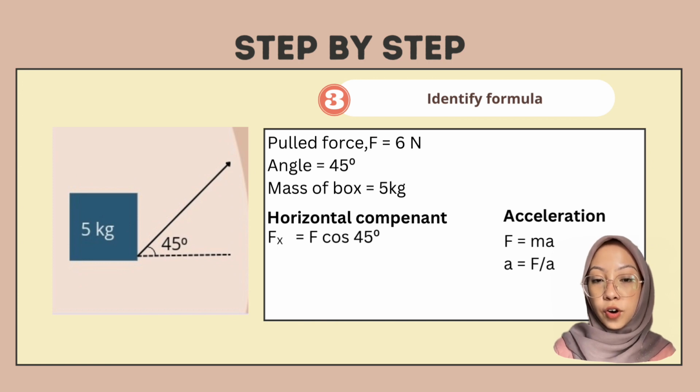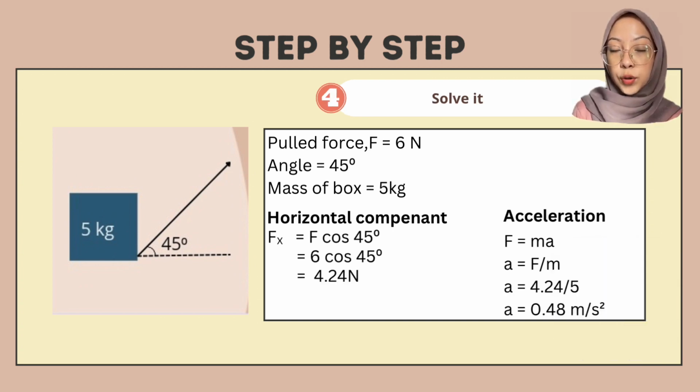For the magnitude of force in the horizontal component, we use the formula Fx equals F cos 45. We use cos because theta is on the x-axis, and F equals ma to calculate the acceleration. Last step, to solve it, you need to substitute the values into the formula. The final answer for the acceleration is 0.48 meter per second squared.